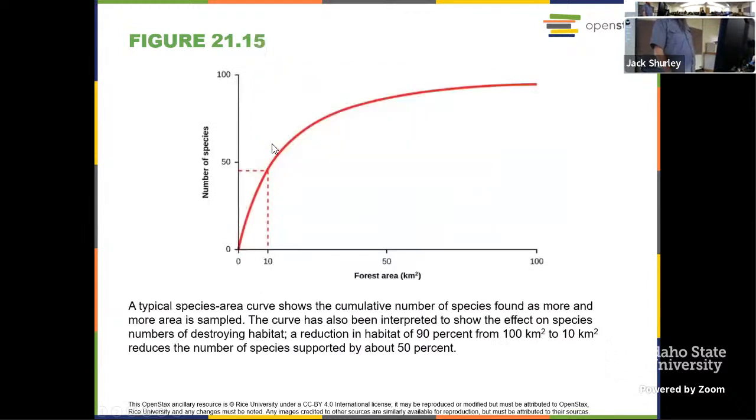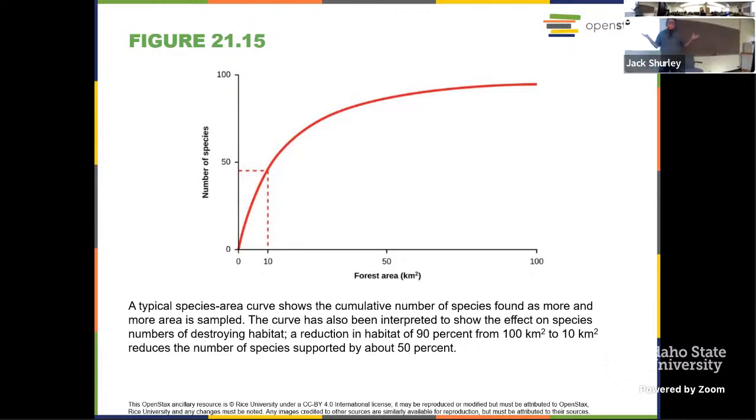As I was scrolling through this right before I started, I thought I should have probably brought a couple of different examples into this, because this, I mean, it's okay, but I think there are some others that would do it a little bit better. So as we look at this figure, we've got forest area on the x-axis in square kilometers, and the number of species going up on the y-axis.